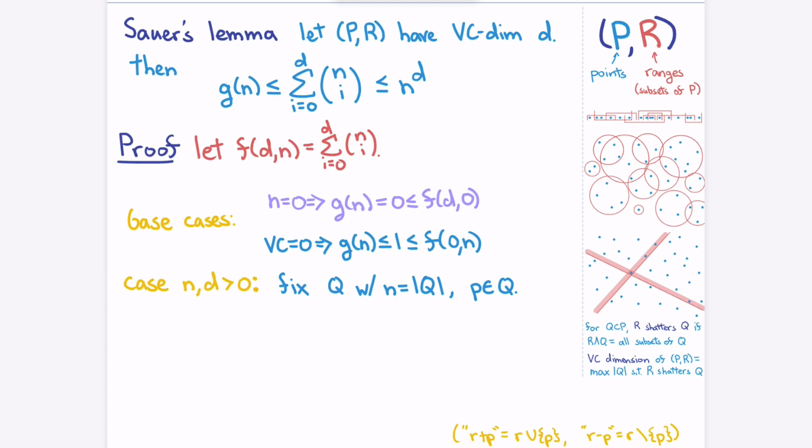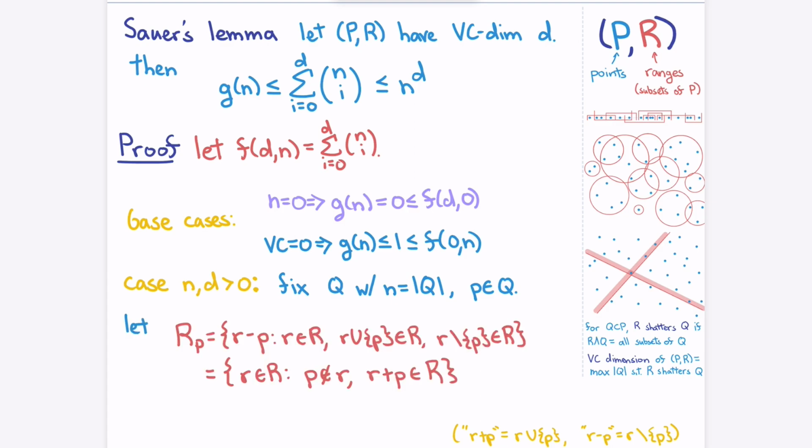The proof is going to remove p from Q and then analyze that, and it does this in the weirdest way possible. So we're going to create two subsets of ranges. One is: what are the ranges that don't include p, but also r plus p is in R.